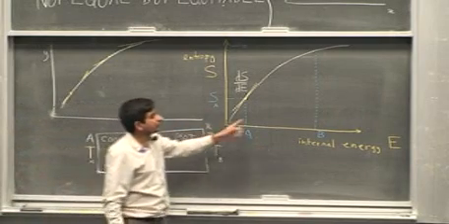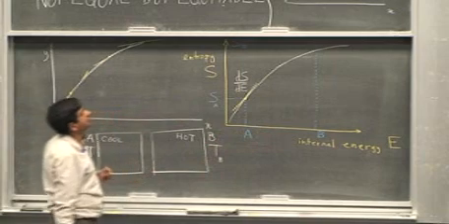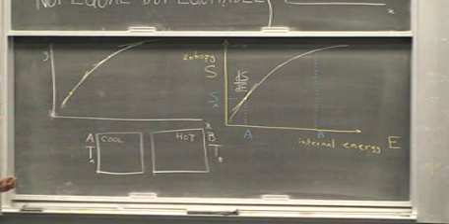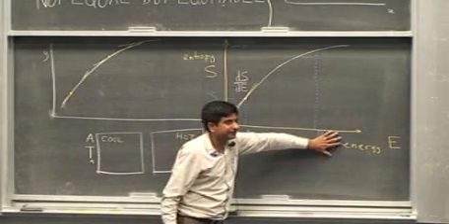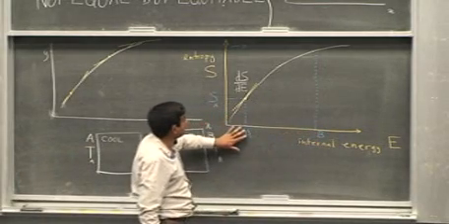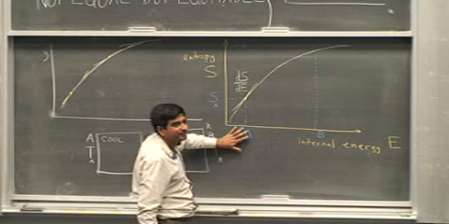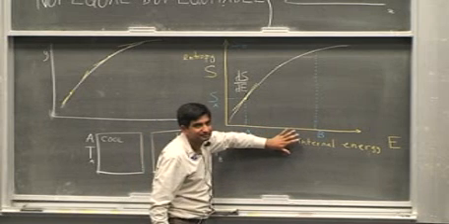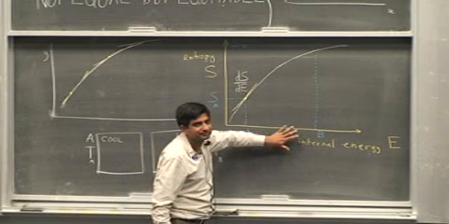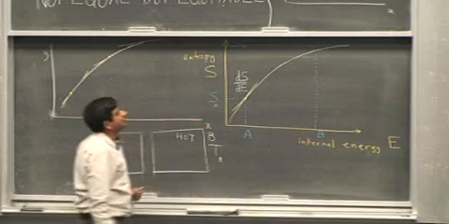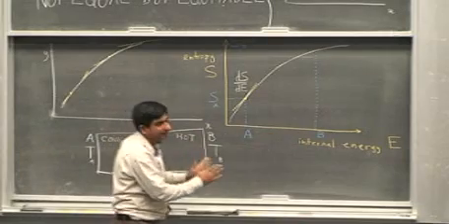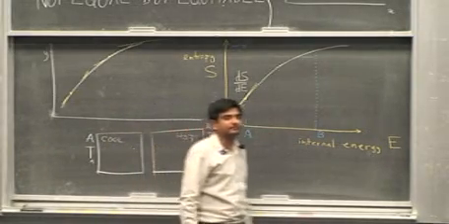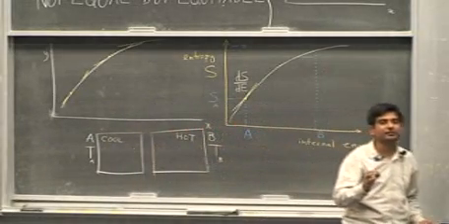Now what's going to happen on this curve? Now the internal energy of B has to decrease and the internal energy of A has to go up. Could you guess where the final state would lie? Just think about it.